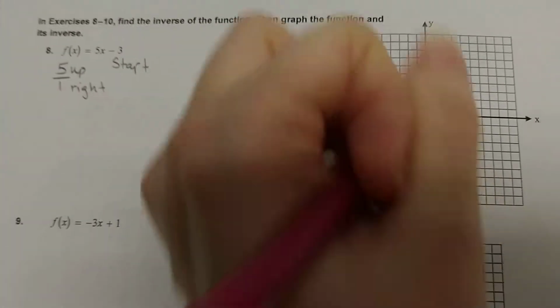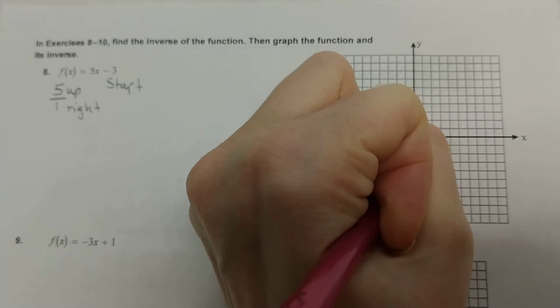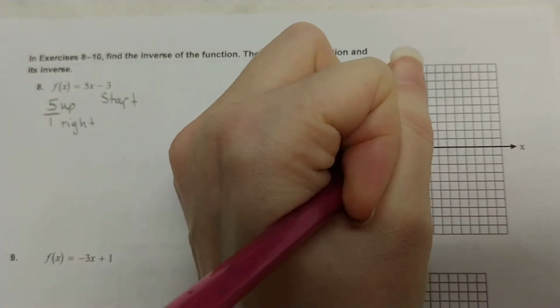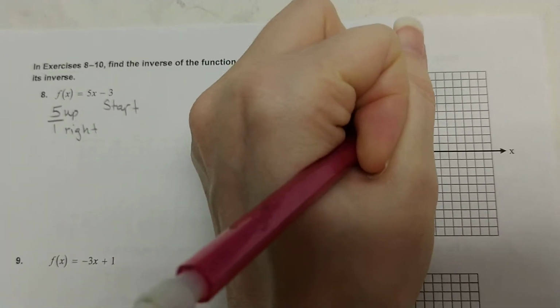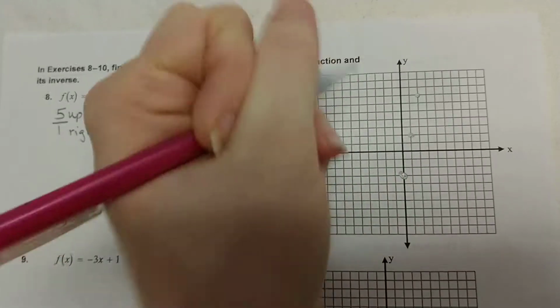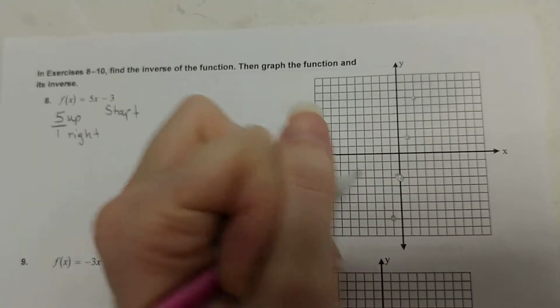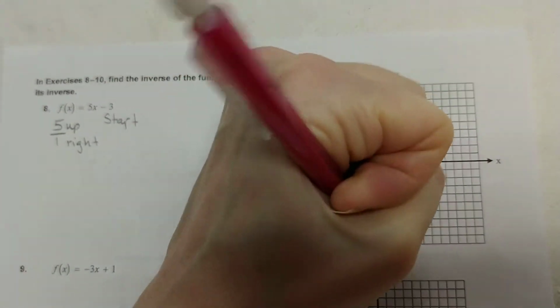So I'm going to go to -3, put a dot, and then I'm going to go up 1, 2, 3, 4, 5, and right 1. Up 5 and right 1. Down 5 and left 1. Here is f of x.